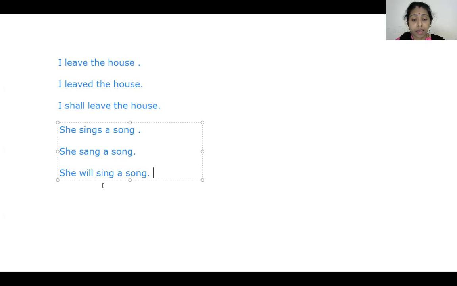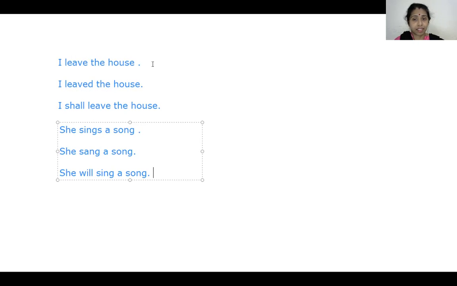Here, the sentence is showing that the work or the incident will happen later. It is not started yet. So, she will sing a song. Here, will sing is representing the future tense of the verb.